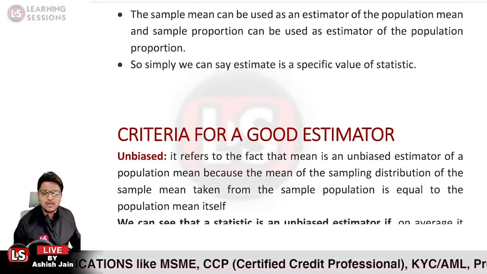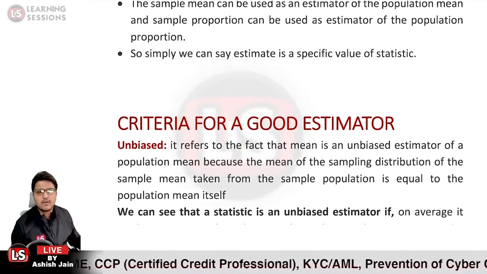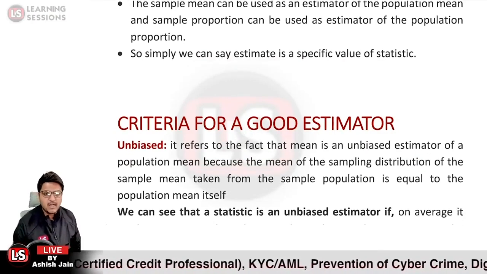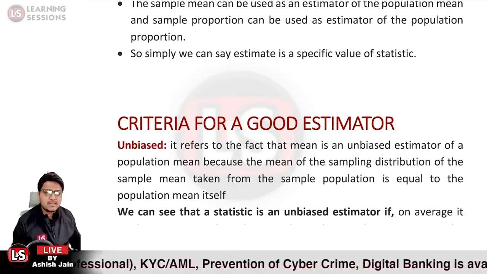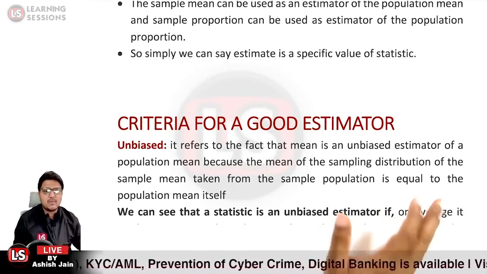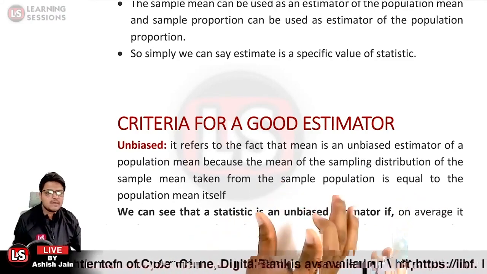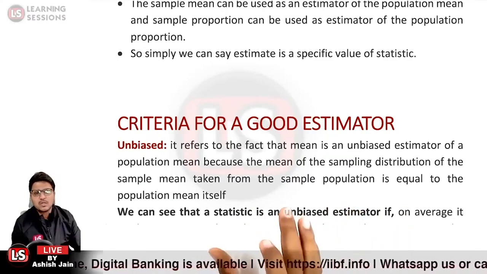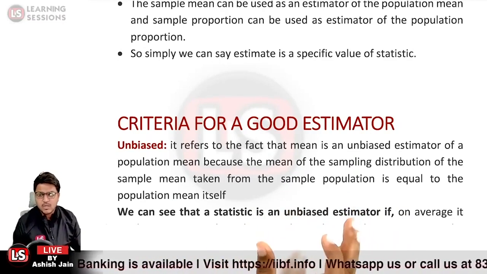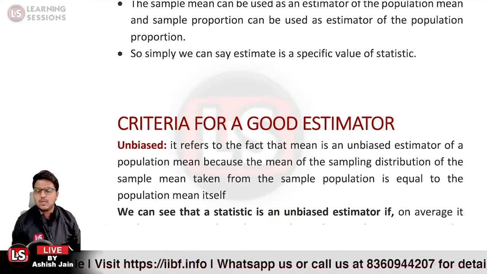First, the characteristics of a good estimator. First of all, it must be unbiased. So it refers to the fact that the mean is an unbiased estimator of a population mean, because the mean of the sampling distribution of the sample mean taken from the population is equal to the population mean itself. So it must be unbiased in a way that the mean must be equal to the mean of the population itself.